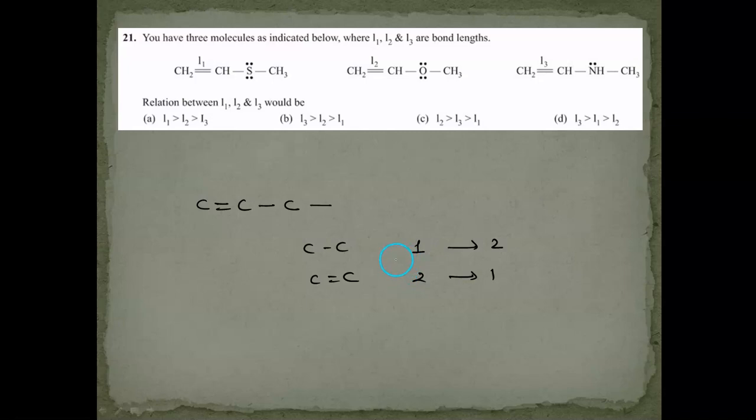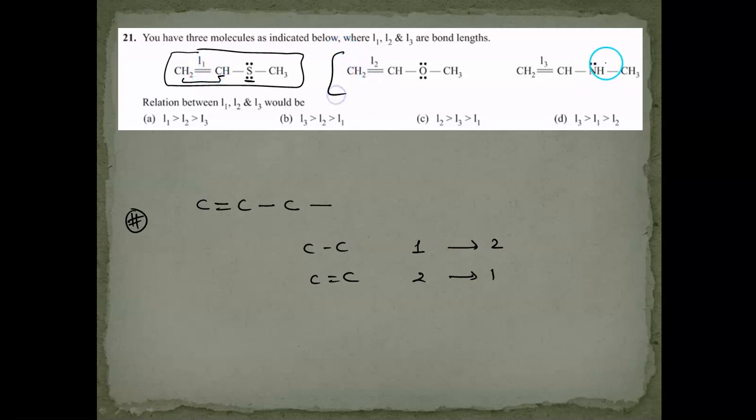Now resonance involves delocalization of electrons, and those electrons should be delocalized very easily if the participating orbitals are of equal energy. For sulfur it is 3p, for carbon it is 2p, so it is difficult. So this will be least resonating, and therefore the double bond remains intact and the bond length is shorter. So L1 has to be the last one.